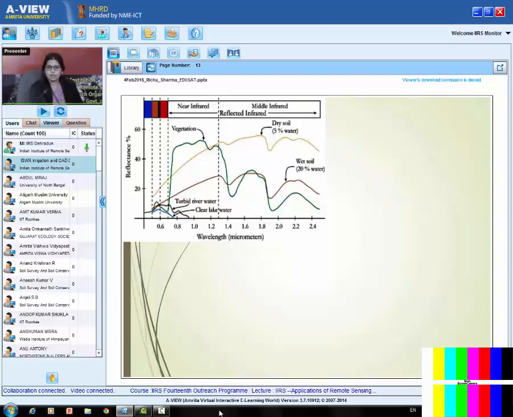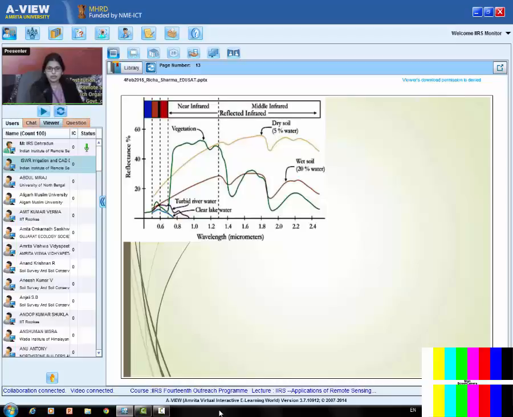Whenever we get a vegetation cover, the spectra will more or less look like this, with only differences in the intensity of reflection. The reflectance will be high in the IR region, and there will be absorption at 1.4 because of the water content, and around 1.9 because of the water content in the green leaves. This spectra is what we get because of the good quality chlorophyll present in that vegetation.